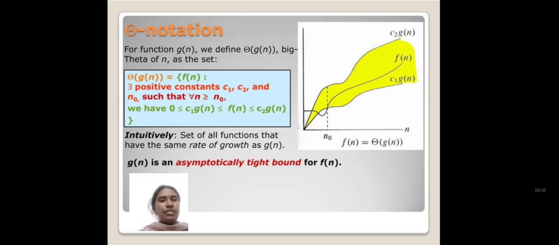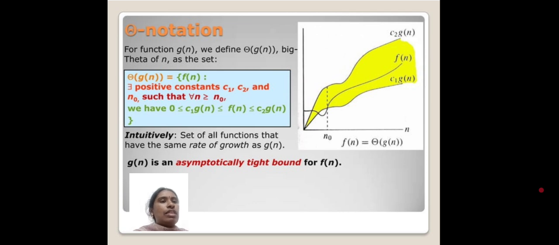That is, if there exist some positive constants c1 and c2 and a non-negative integer n0 such that c2 of g of n is less than or equal to f of n, less than or equal to c1 of g of n for all n greater than or equal to n0. This is defined in graphical representation also.